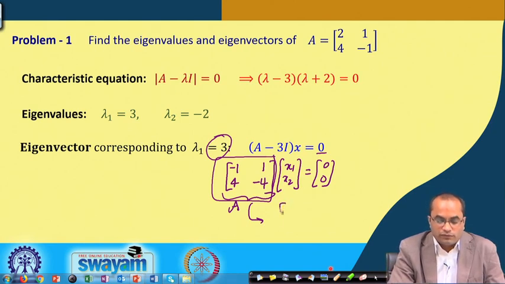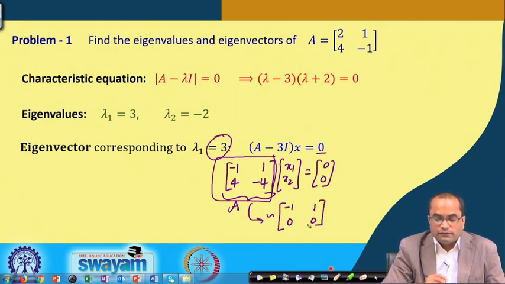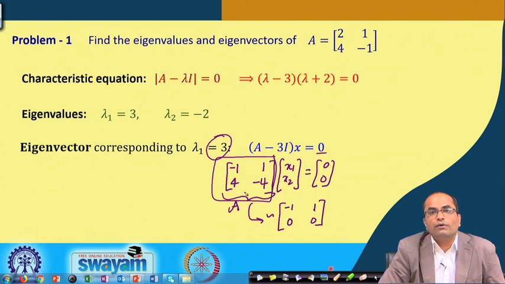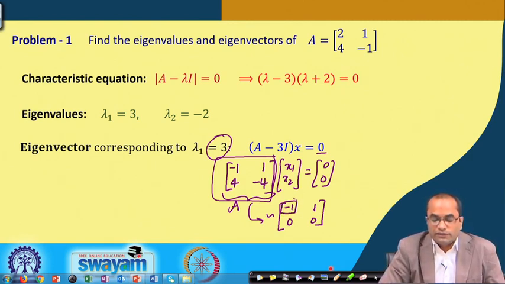So, the row reduced echelon form for this matrix will be minus 1 and 1, and here we can multiply by 4 and add it to this equation. So, that will give 0 0, and that is the row reduced echelon form of this matrix, from where we can easily identify the solution. Here this is our pivot element, the first one minus 1, and here we have the 0 row.